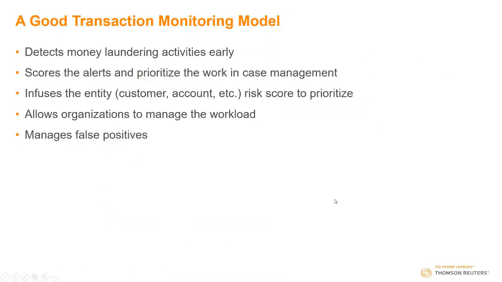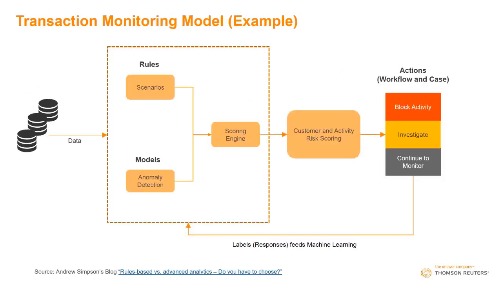Most of you would also have been looking at things like anomaly detection. So you might be looking at implementing machine learning or artificial intelligence. And if that is the case, then you can also layer those models on top of the scenarios as well.